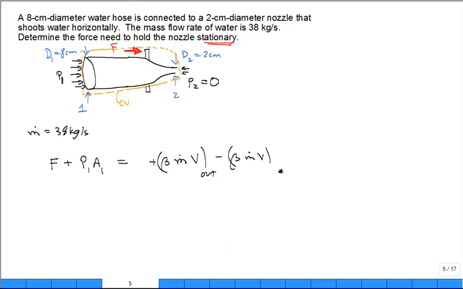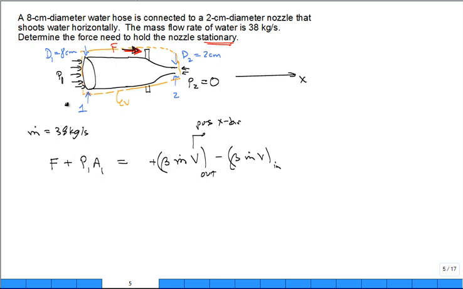There's our outs and there's in, one out, one in. We take a look at this v is in the positive x direction. So this is our x direction. So F was in the positive x direction. The pressure 1 is in the positive x direction.